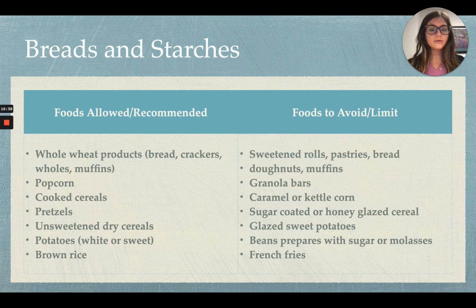And then foods to avoid or limit: sweetened rolls, pastries, bread, donuts, muffins, granola bars, popcorn that is coated with caramel or kettle corn, again the higher amount of sugar with these types of items, sugar coated or honey glazed cereal, glazed sweet potatoes, beans prepared with sugar or molasses, and then french fries as well.